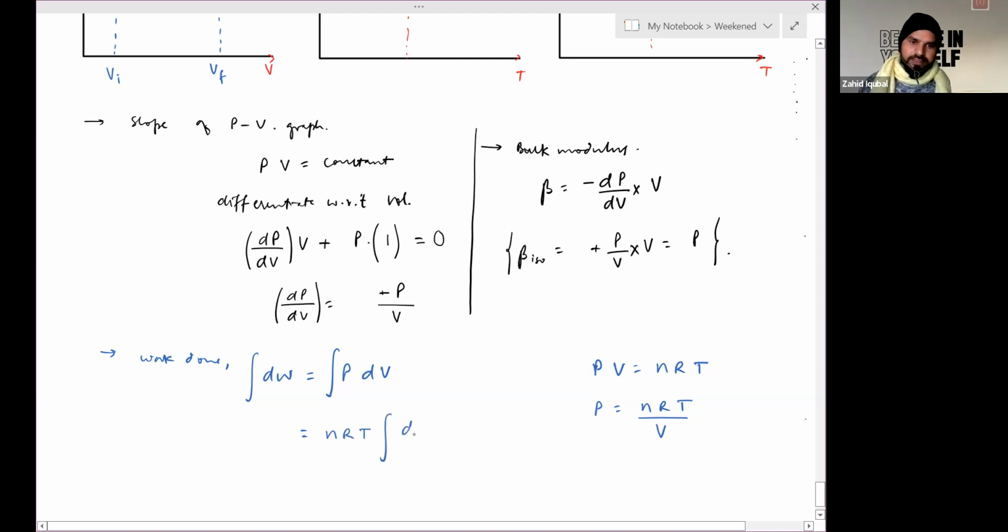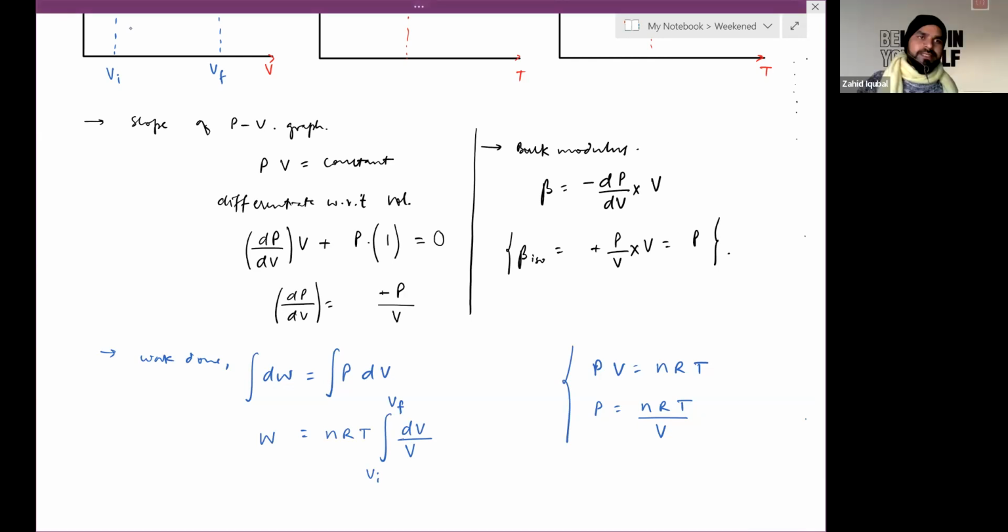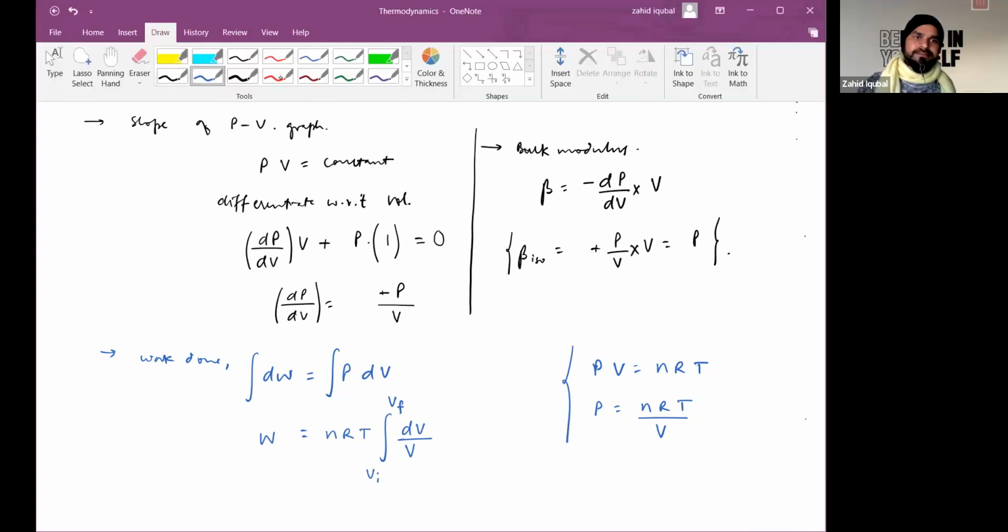So we're left with dV divided by V, going from some initial volume to final volume, and on integrating this you get the work done, W. Is it clear to all of you till this part, what I've done? Yes. Sumaya, is it clear? Yes, sir.